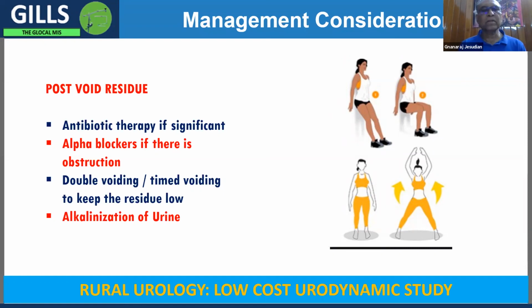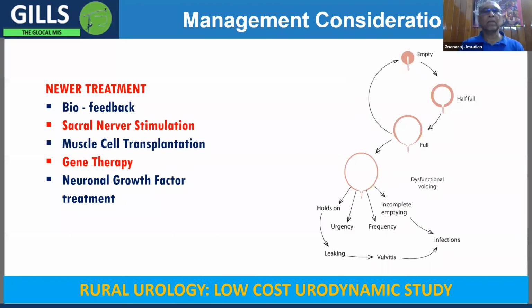And sometimes even simple things like alkalinizing the urine can help. There are also several newer modes of treatment like biofeedback, sacral nerve stimulation, gene therapy, and so on. So these are many ways of looking at how to do urodynamic studies or bladder pressure studies and intelligently treat.